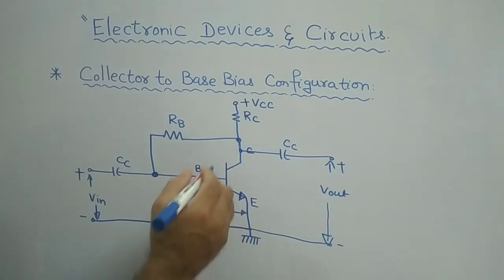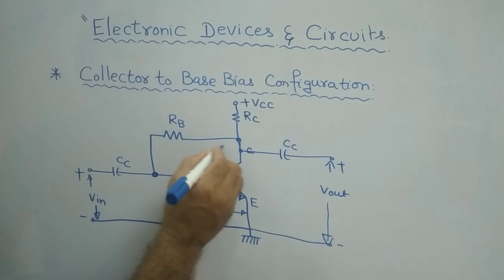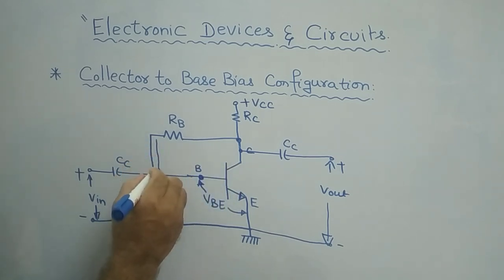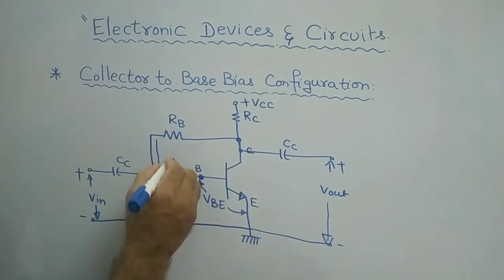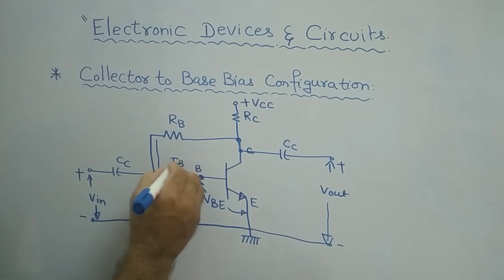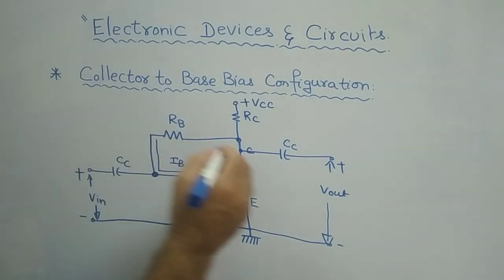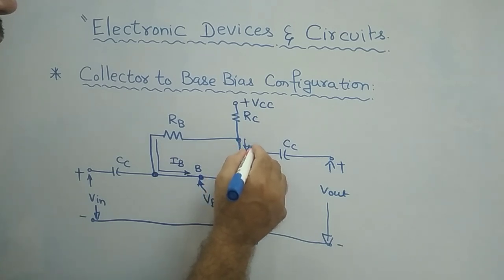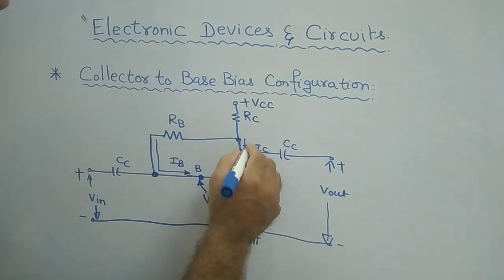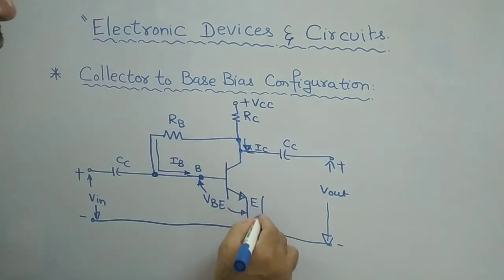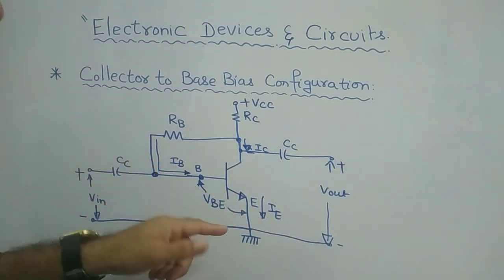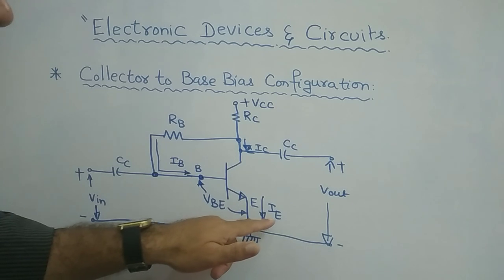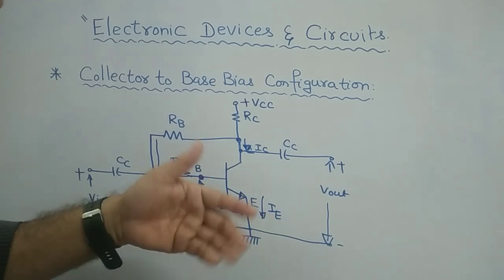Now let us say that through the base, the base current IB flows, and then through the collector the collector current IC flows. The emitter current obviously flows in this direction, but we will not use it because the emitter is grounded here, so the emitter current is of no use.